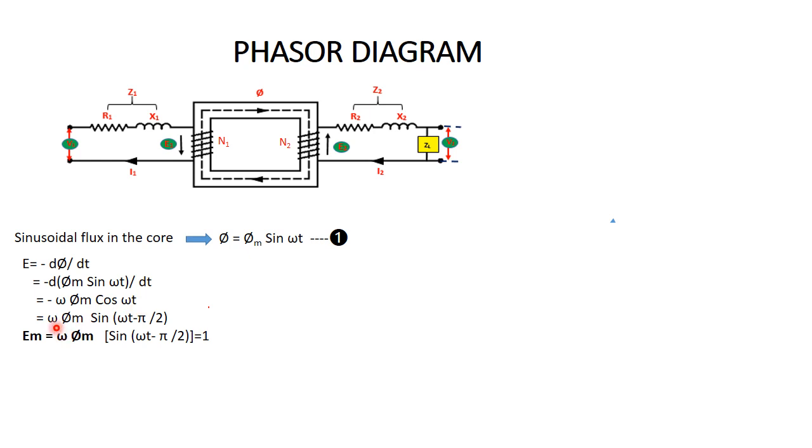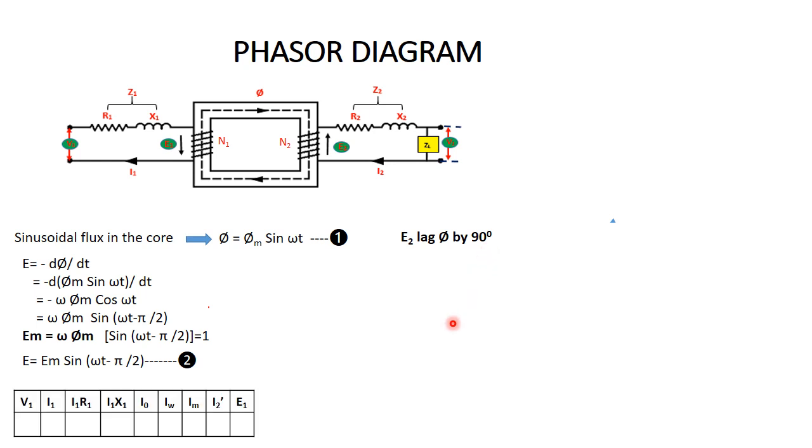That is equal to omega phi m sin of omega t minus pi by 2. So Em equals omega phi m. The EMF equation is E equals Em sin of omega t minus pi by 2, equation 2. So from equations 1 and 2, we can say that E2 lags phi by 90 degrees.